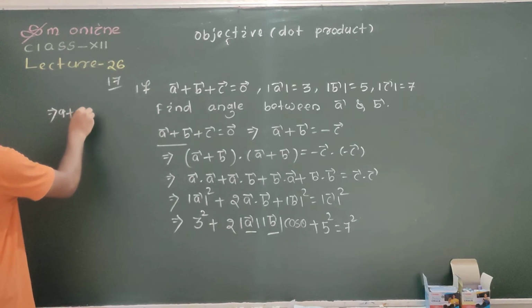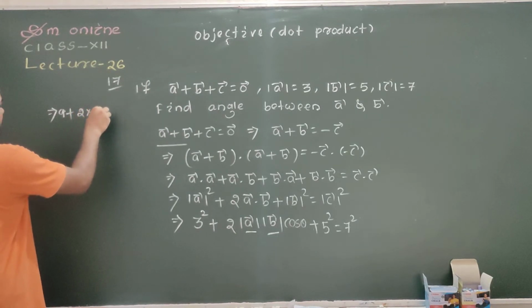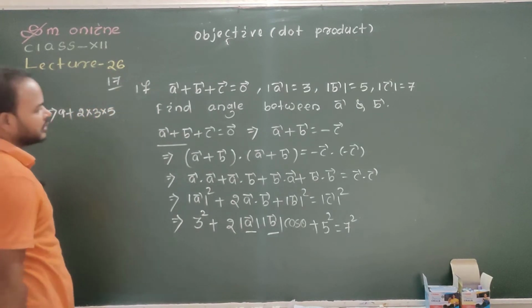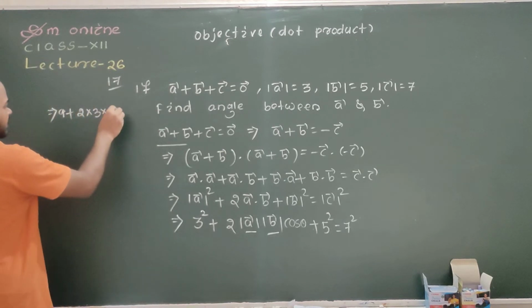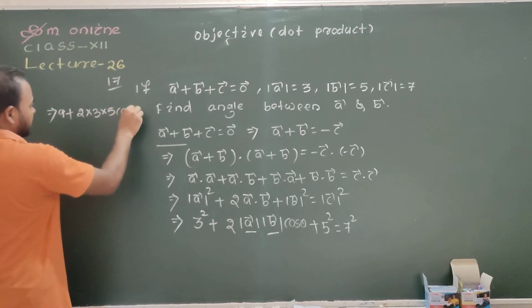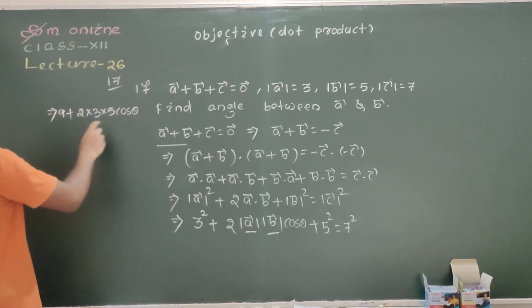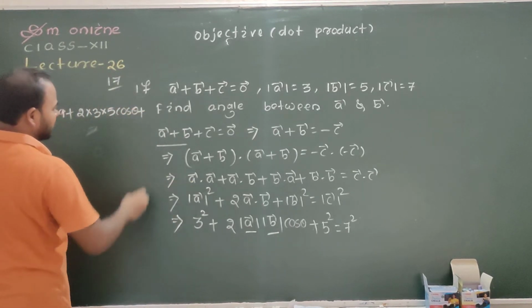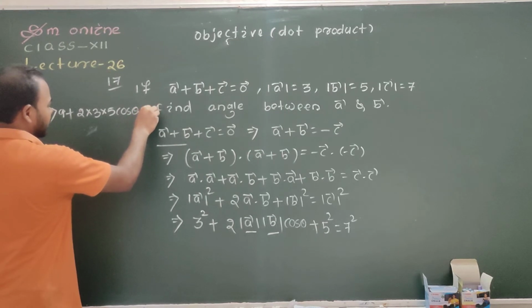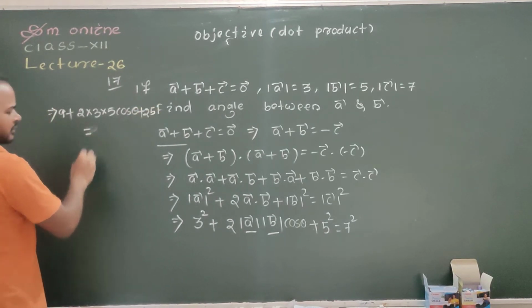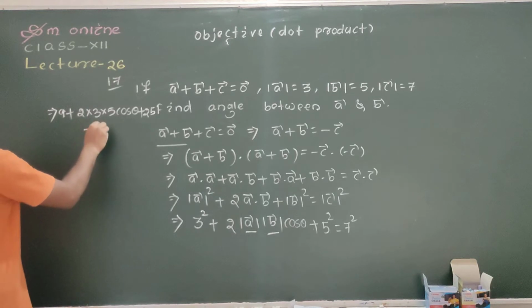So 2 into 3 into 5 cos theta, plus 25, equal to 49.